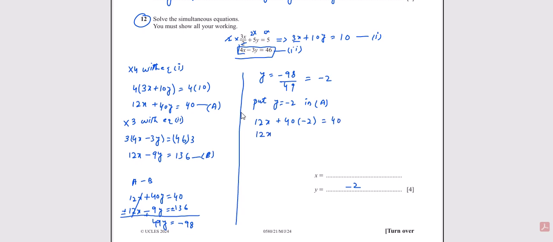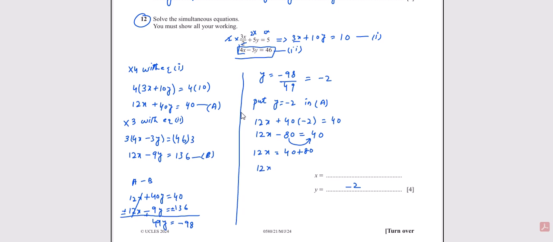So 12x plus minus 40 multiplied by 2, that is equal to 80, is equal to 40, and this 80 shift on this side. 12x is equal to 40 plus 80.